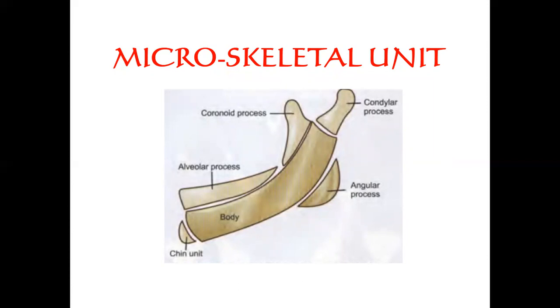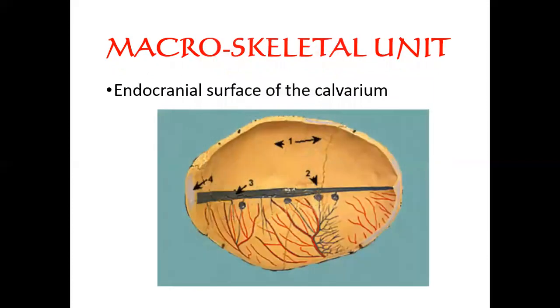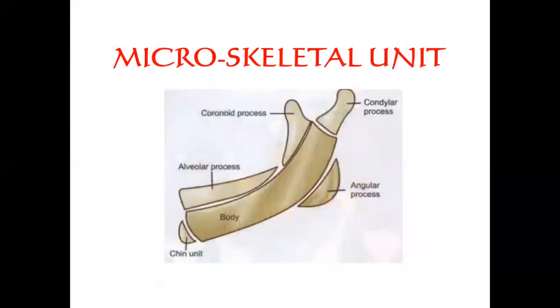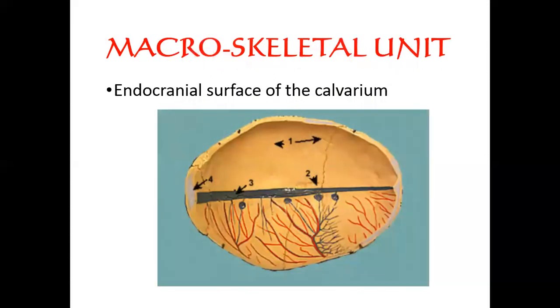For example, mandible comprises microskeletal units such as condylar process, coronoid process, angular process, body of the mandible, alveolar process of the mandible, etc. Similarly, maxilla is made up of alveolar process, basal part, pneumatic part, etc. So many microskeletal units are joined together to form the major part, that is maxilla and mandible. An example of macroskeletal unit is the entire endocranial surface of the calvarium.